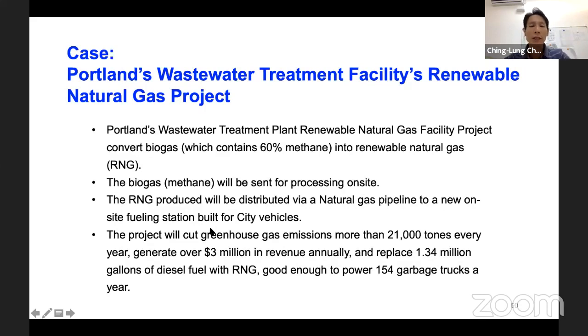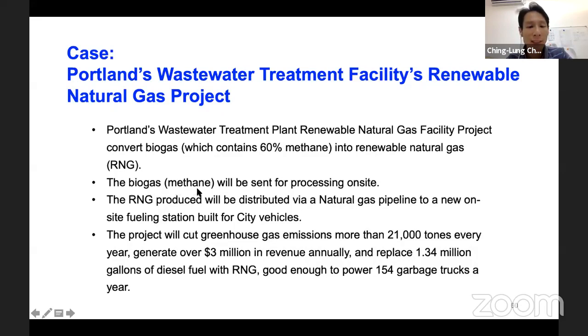Okay, and then this is a wastewater treatment facility renewable natural gas project. So in Poland, at this wastewater treatment plant, they try to collect the biogas and then convert it into renewable natural gas.